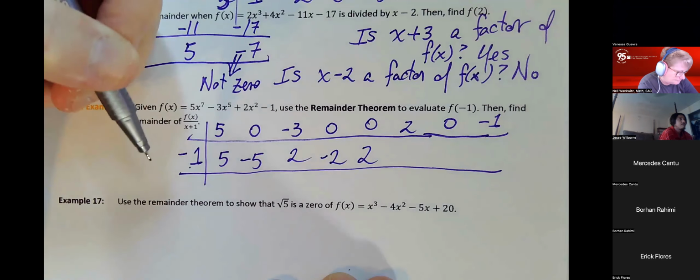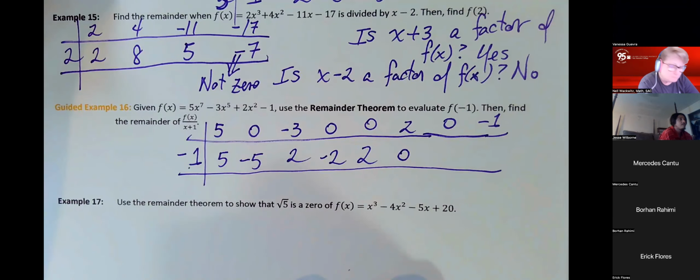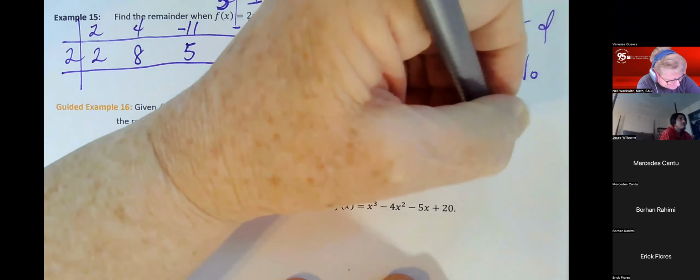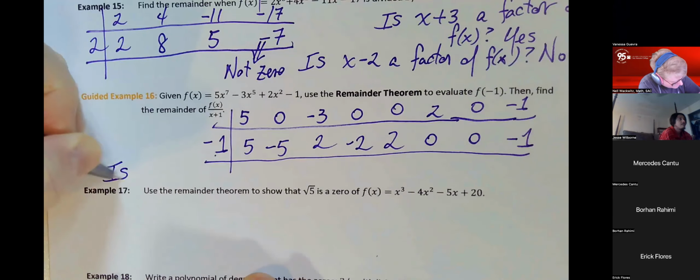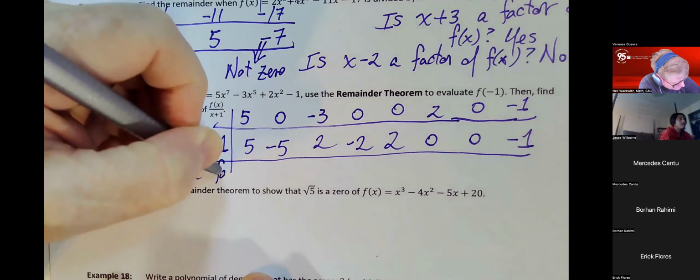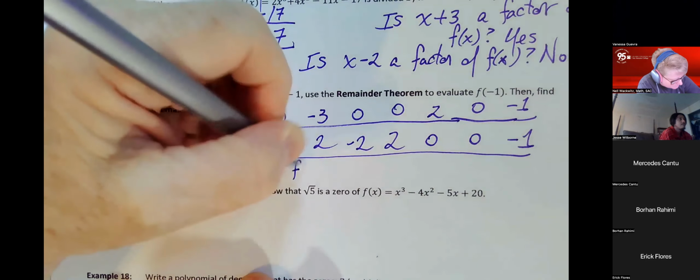Would be -2 plus 2 would be 0. -1 times 0 is 0 plus 0 is 0. And then the last one would be -1. Excellent. So is x plus 1 a factor of this f of x?